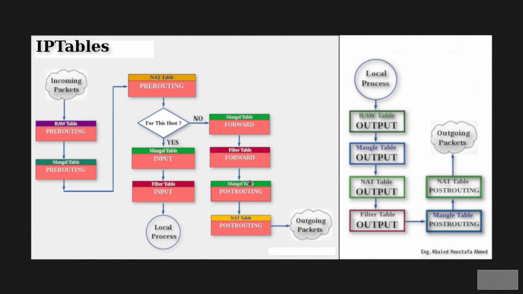Then the post-routing chains in the mangle and NAT tables, and finally it is sent out to its destination. The right part of the diagram shows how the packet is processed when generated from a local process, a web browser for example, running on the machine itself.